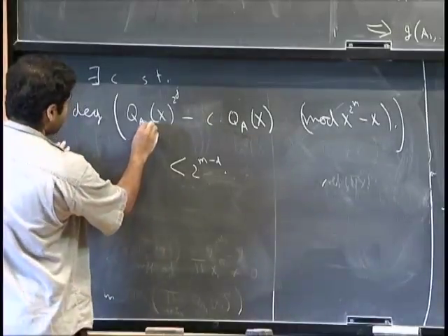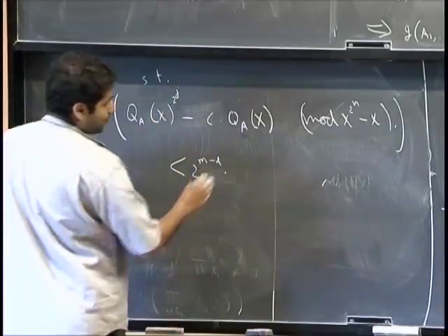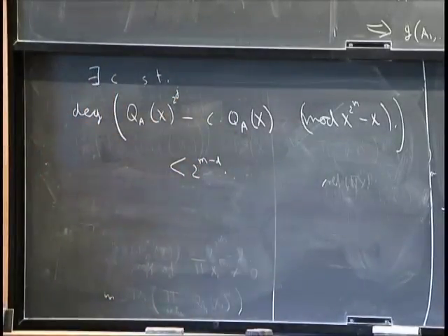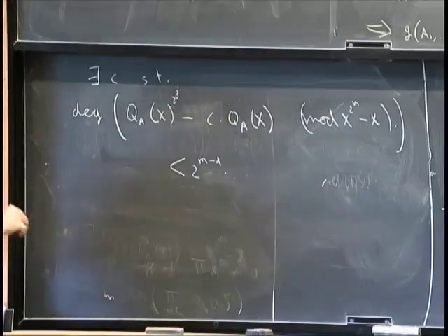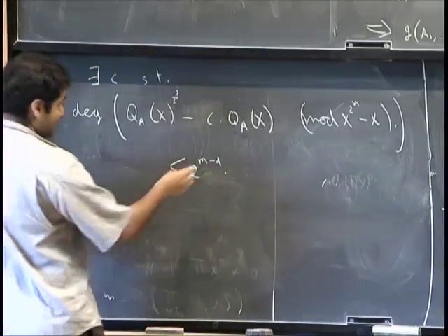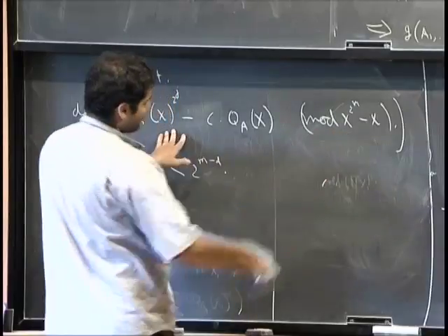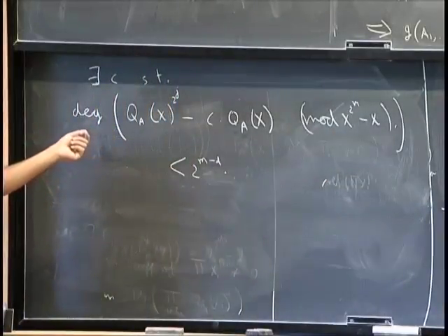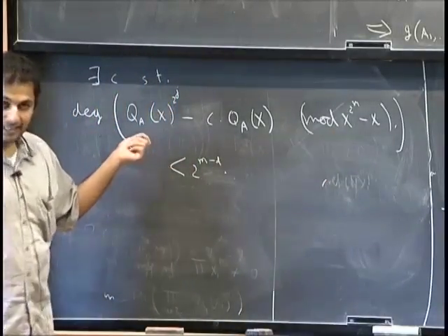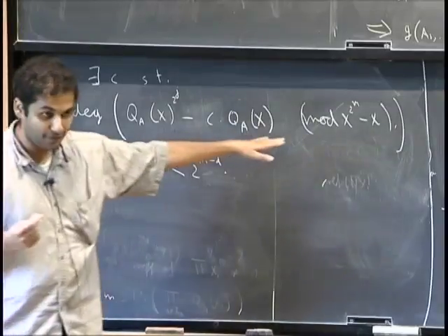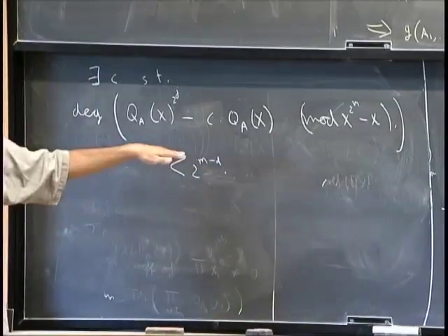So what do we have? qa of x to the 2 to the j minus c times qa of x, mod x to the 2 to the m minus x, is identically 0. Since this is identically 0 mod x to the 2 to the m minus x, if you plug in any substitution of x from the field F_2^m, then this still vanishes.